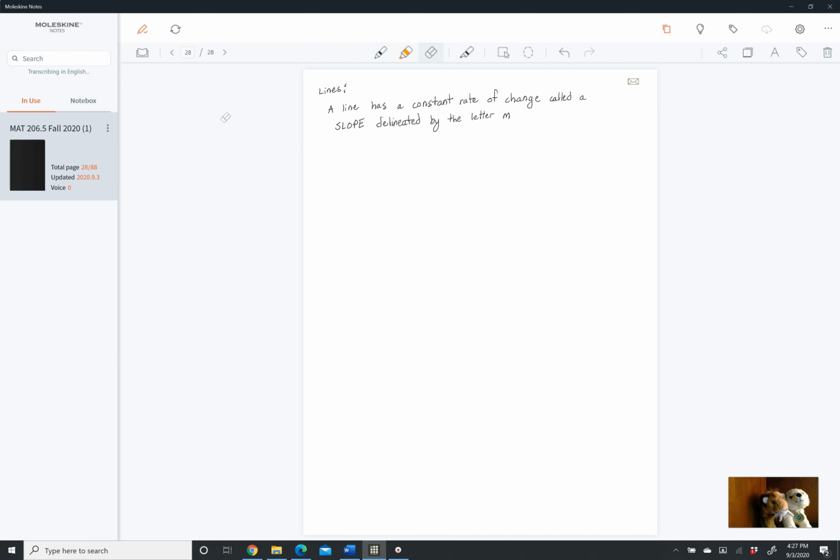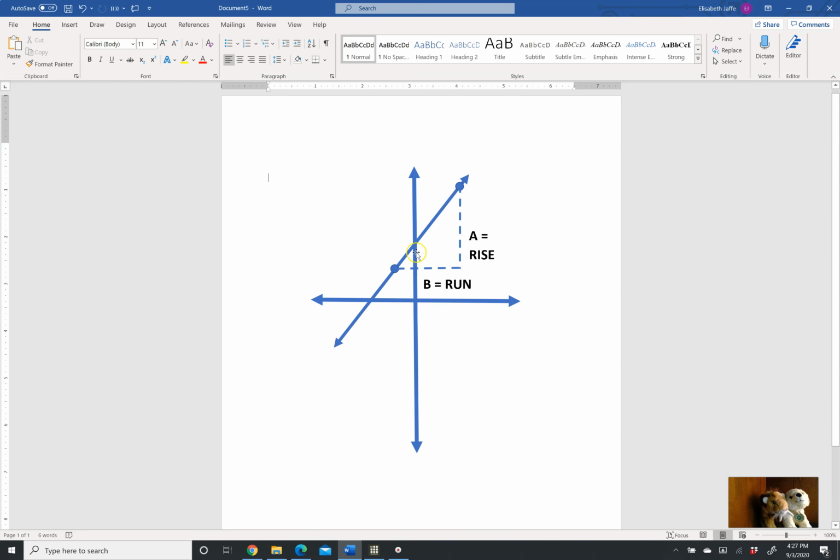So first of all, I want to show you slope. Okay, so this is your line. This blue diagonal line is your line. And if we were to take 2 points and connect them using a horizontal and a vertical line, okay, then what we have here is we have the rise and we have the run.